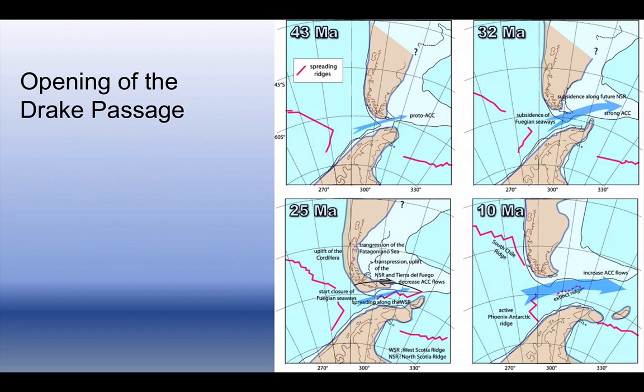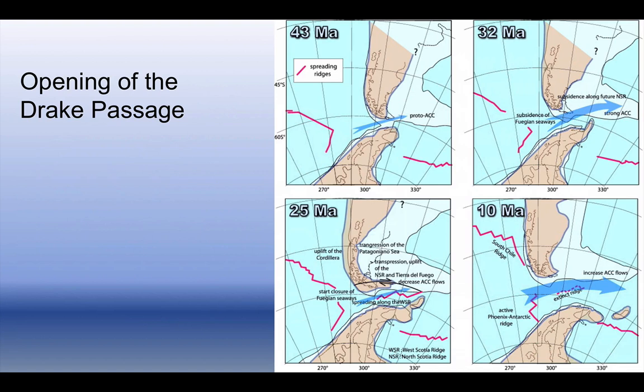You can see from this diagram that 43 million years ago, these two landmasses were almost joined. There's a slight separation by 32 million years ago, but by 25 million years ago, that really hadn't progressed very much.